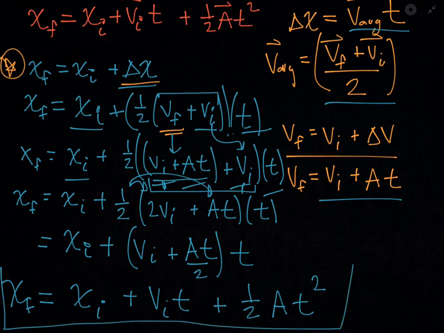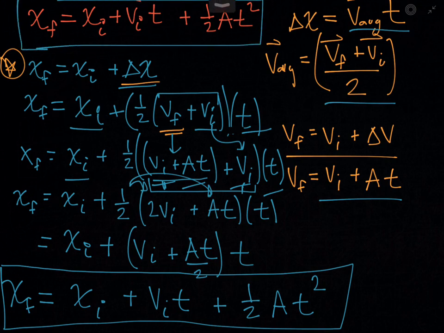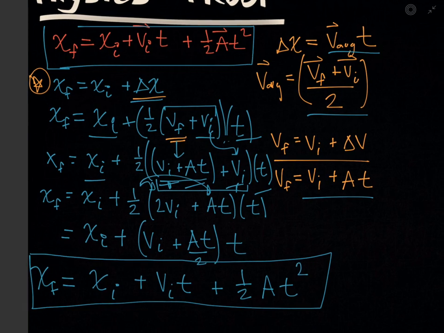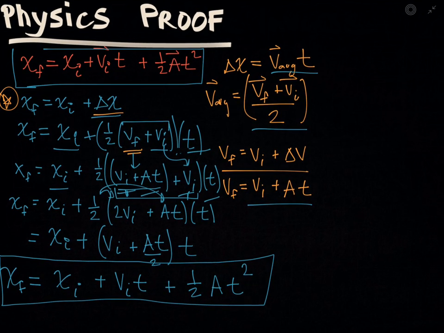That was what we were trying to prove in red up here in the first place. So there it is. We have the initial position plus the initial velocity times time plus 1/2 the acceleration times time squared. And that is where it all comes from.